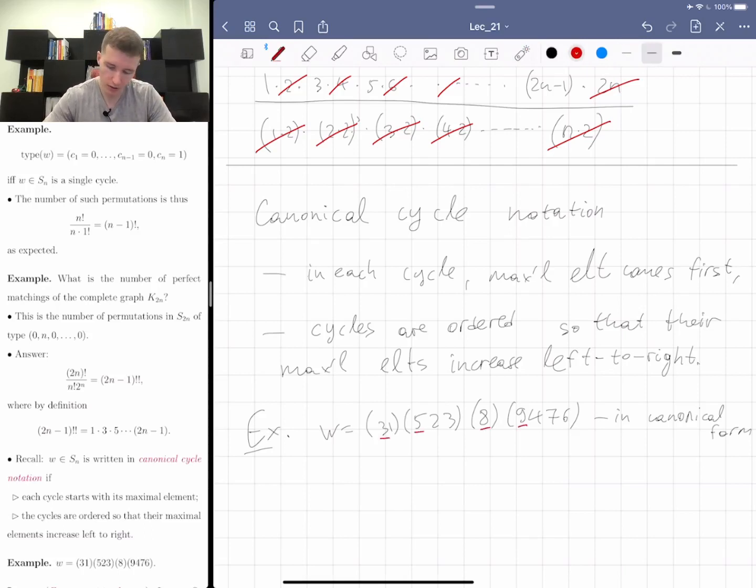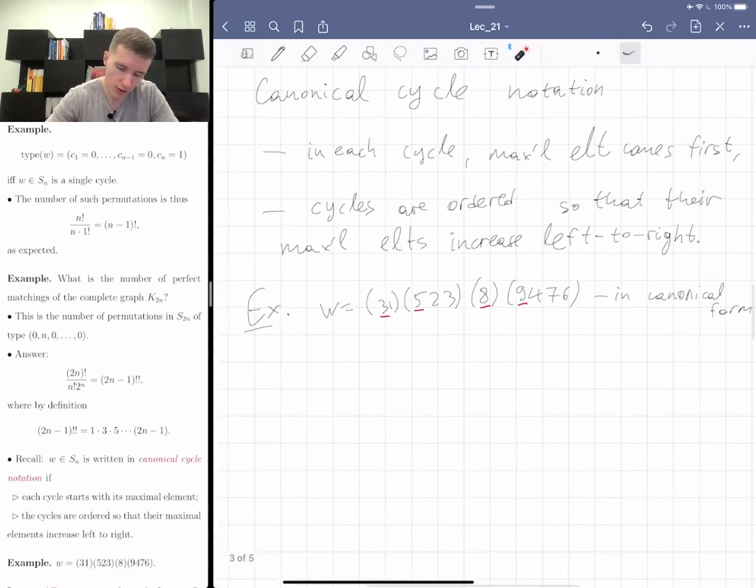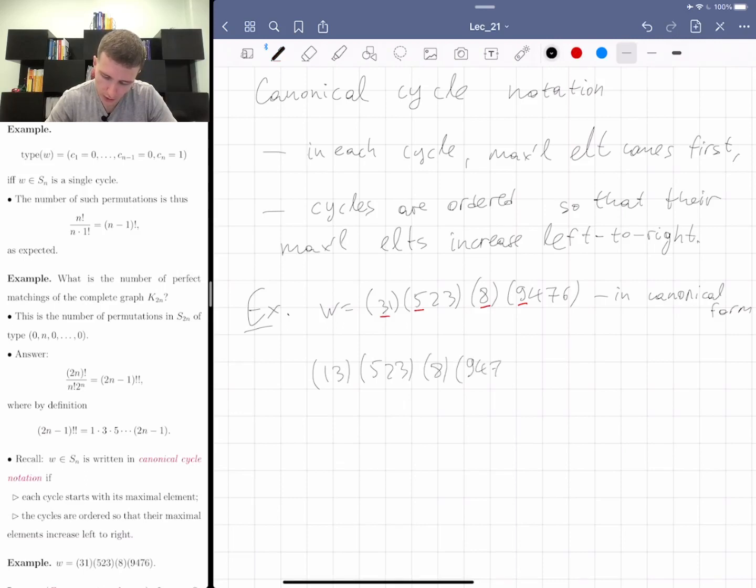Each maximal element is first in its cycle, and they increase from left to right. So this is in canonical form, but if I permute it, maybe 1 3, 5 2 3, 8, 9 4 7 6, this is not in canonical form. Or if I swap 5 2 3 and 3 1, these are not in canonical form.